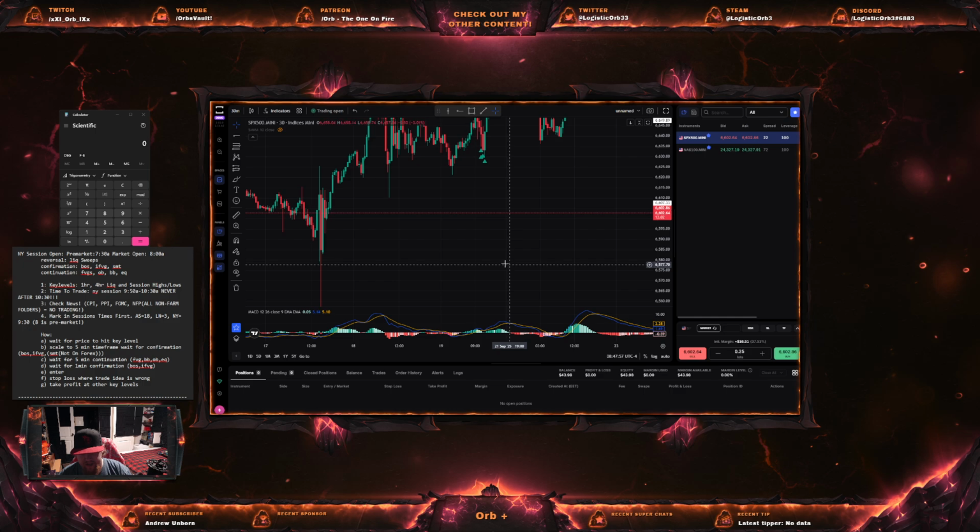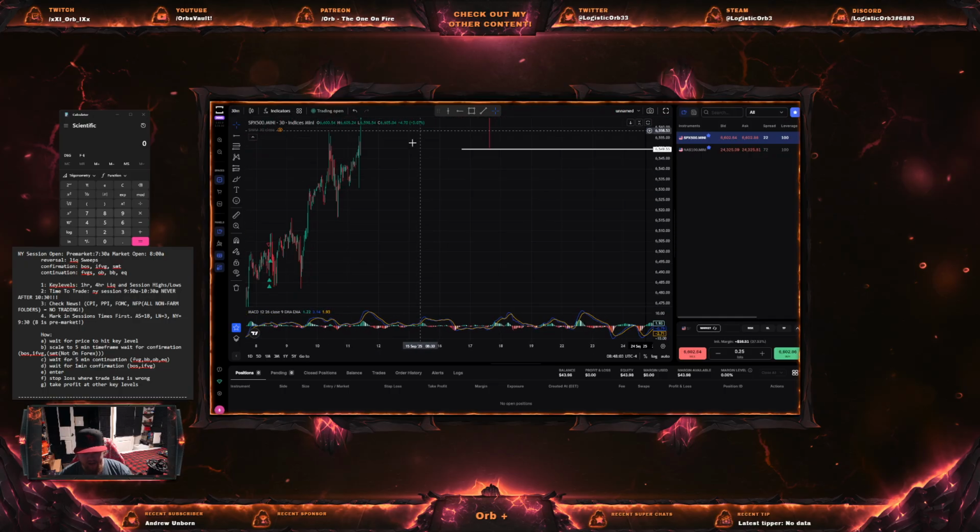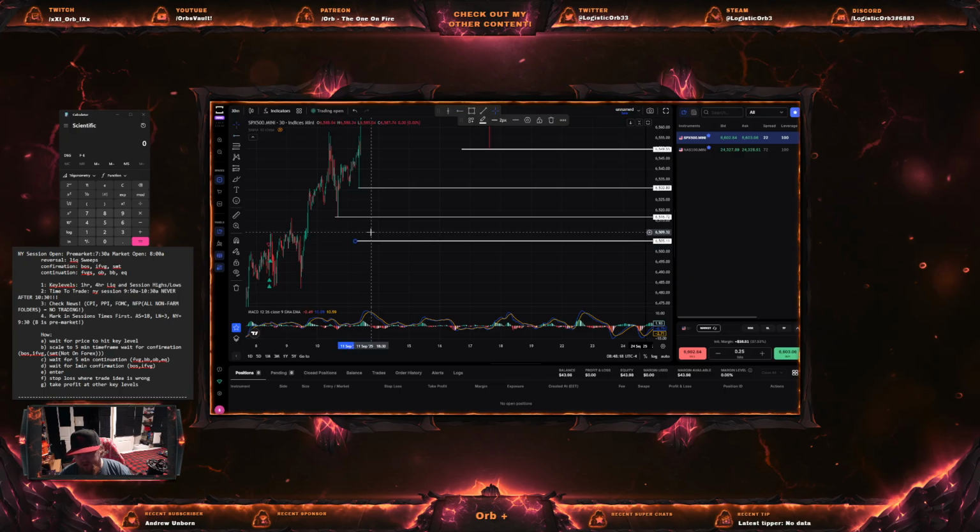If it sweeps past that low, it might continue lower. There's really no other room outside of that for it to hit except for like this right here. And these are the next stops on the way down, and there's a fair value gap right there.